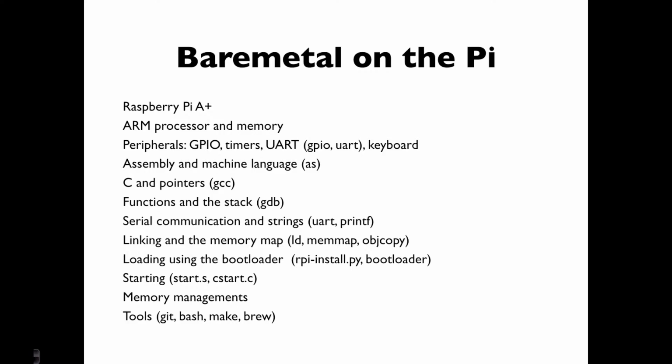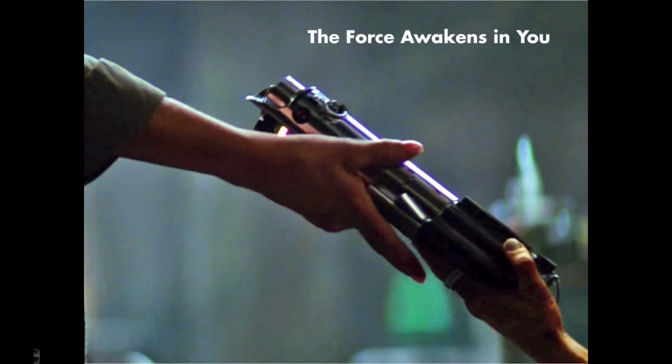C and pointers, lots of stuff on pointers, especially for Malloc and so forth. Functions and the stack, you guys know all about that. And the rest of this is just more bare metal stuff. And remember, we're most of the way down at this point, right? We have done most of the stuff already, except for the graphics stuff, right? And then one more.